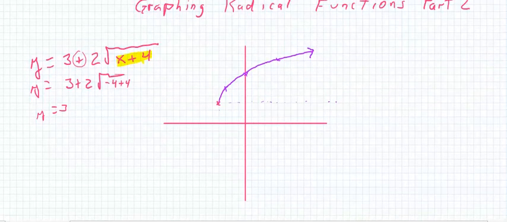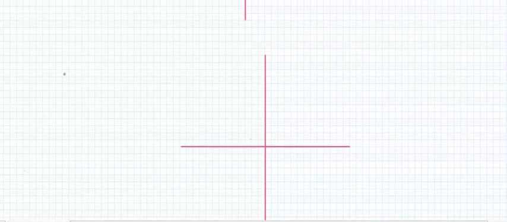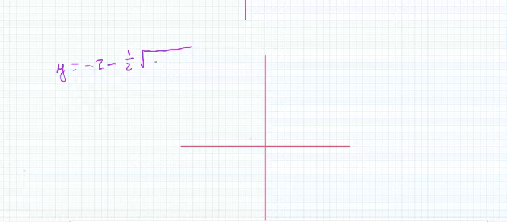All right, let's look at a different one. Y equals negative 2 minus 1/2 times the square root of x minus 3. So we set the radicand equal to 0.